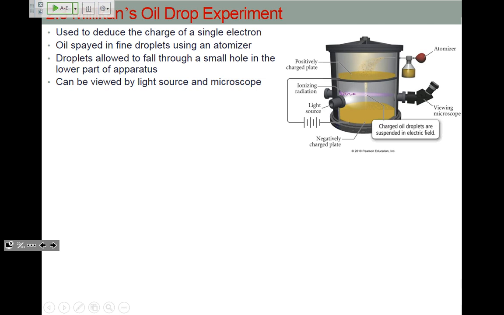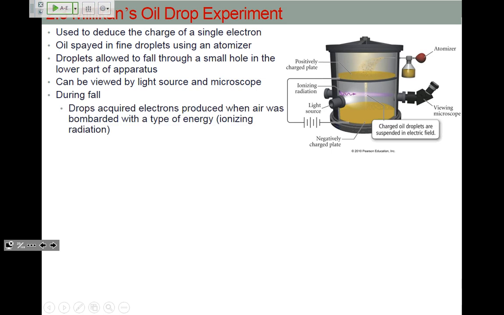What we had was, he wanted to know the charge of a single electron, just one of them, because remember the cathode ray is a bunch of them. But it's really small. So what he did was he took oil sprayed in fine droplets from an atomizer, shown in the little corner, and allowed it to fall through a really small hole. And he was looking at it through a light source so he could see it.